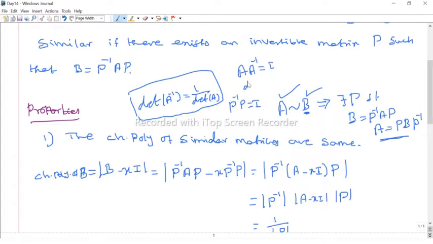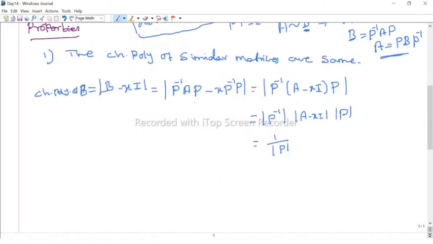Now apply the determinant on both sides. Determinant of A times A inverse equals determinant of the identity matrix, which is 1. Now apply determinant of AB equals determinant of A times determinant of B. Keep the determinant of A inverse and divide 1 by determinant of A. Therefore determinant of A inverse is nothing but 1 by determinant of A.